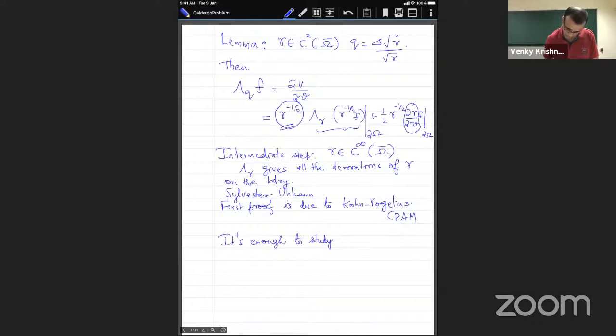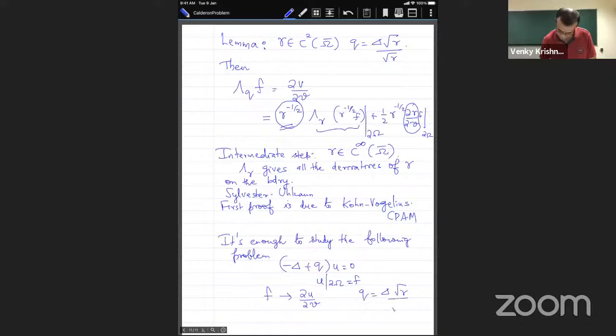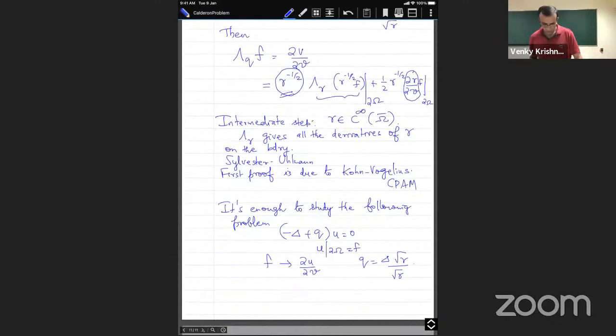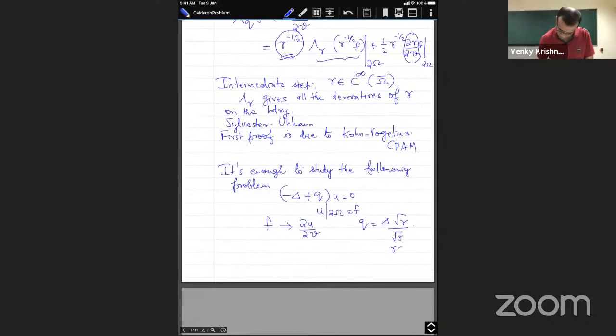So it's enough to study the following problem: minus Laplacian plus Q, u is equal to 0, u on the boundary is f, and f goes to du/d nu, where Q is of a special form, which is the Laplacian of root gamma divided by root gamma. By the way, I'm assuming that gamma is in C2.